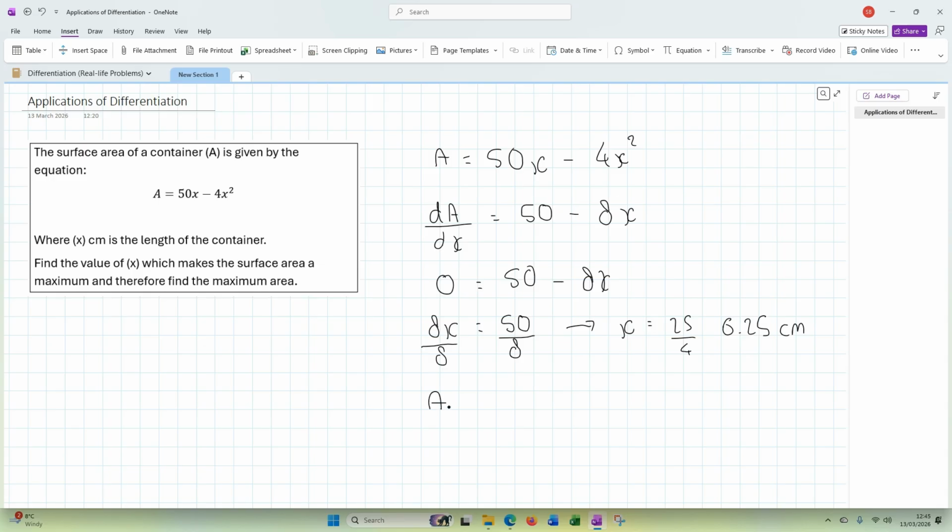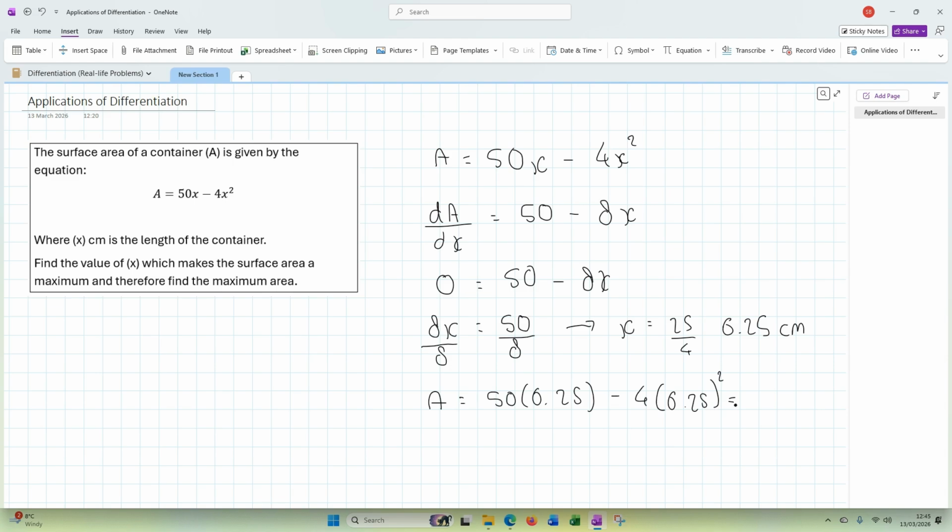So A equals 50 times 6.25 minus 4 times 6.25 squared.